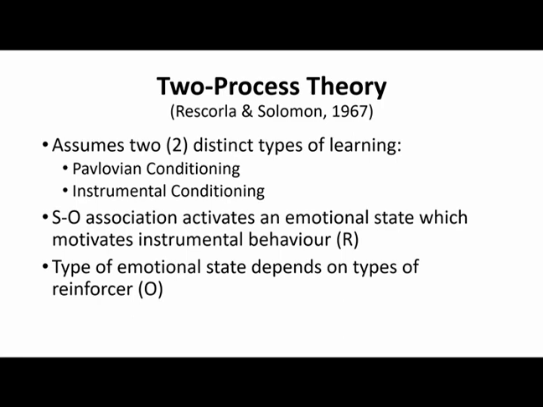But the important part is that our SO association activates an emotional state, which will then motivate our instrumental behavior. The type of emotional state that happens will depend on the type of reinforcer, and the emotional state can be either positive or negative, appetitive or aversive, depending on that type of reinforcer.